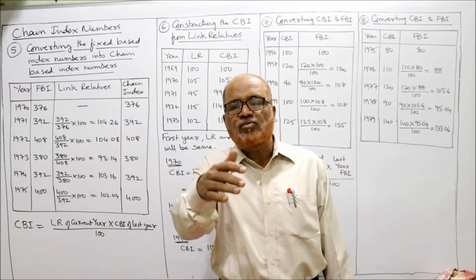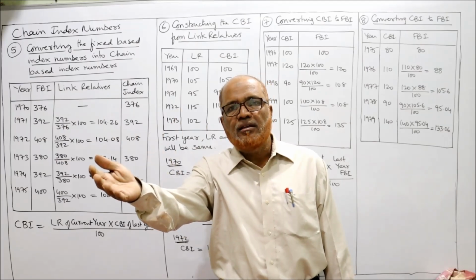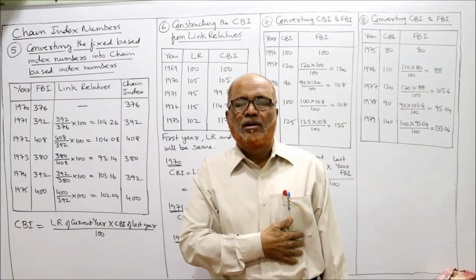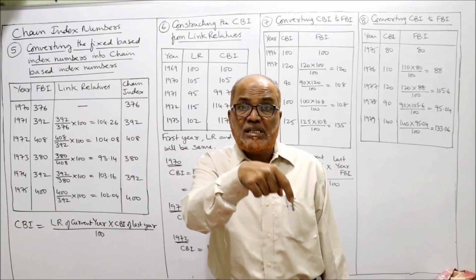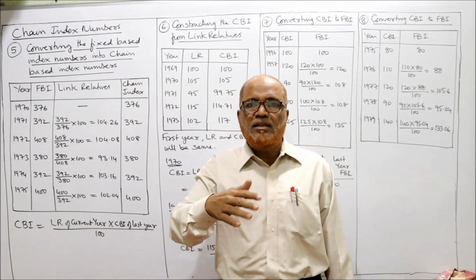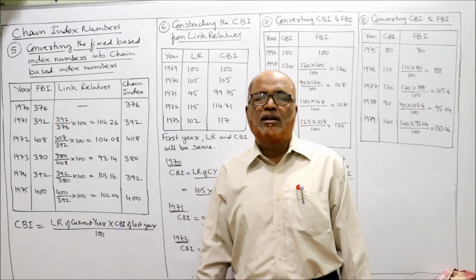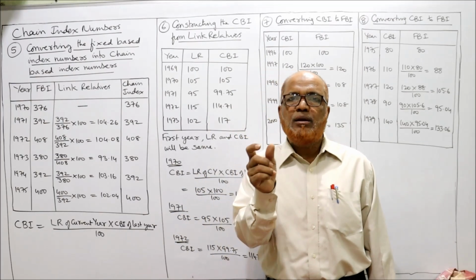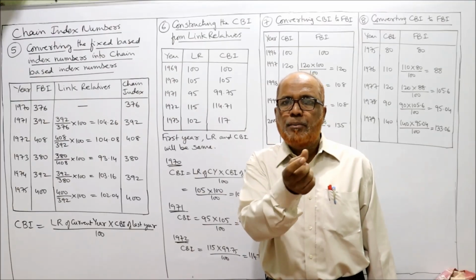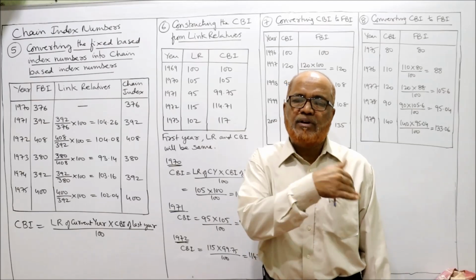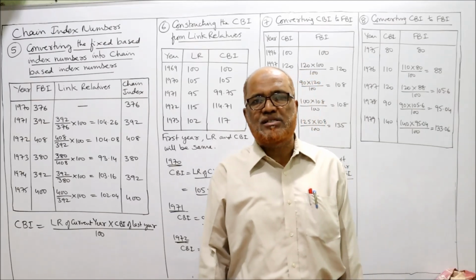When we calculate the index for 2016, then 2015 will be the base year. When we calculate the index number for 2017, then 2016 will be the base year. Like this, the base year will change every year. This is called chain based index number. So the base will always be the preceding year, the previous year.